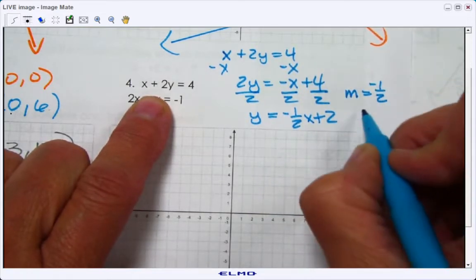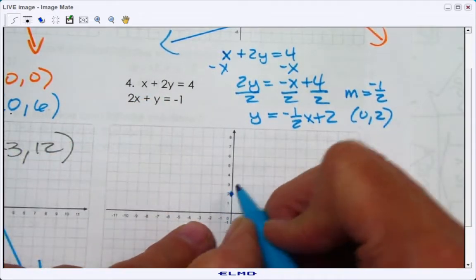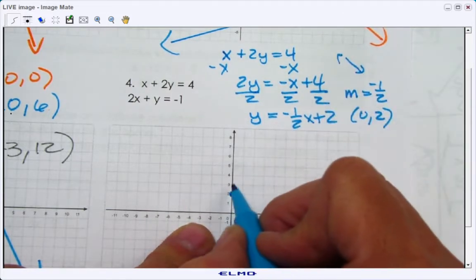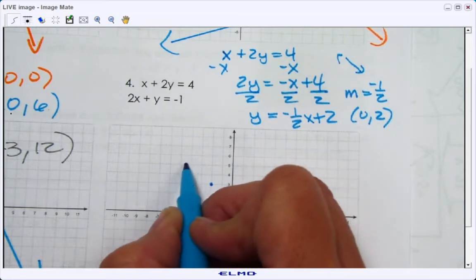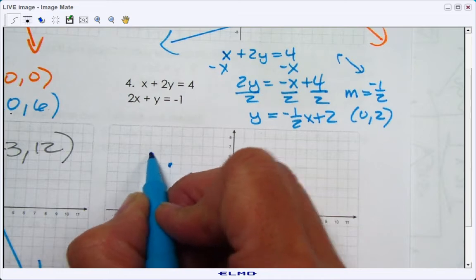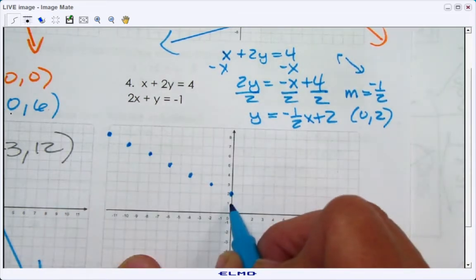Oop, I forgot the negative. And 0, 2. So I'm going to go to 0, 2. And it's a negative slope. Make sure you go the negative direction. I go over 2, down 1, over 2, down 1, over 2, down 1.